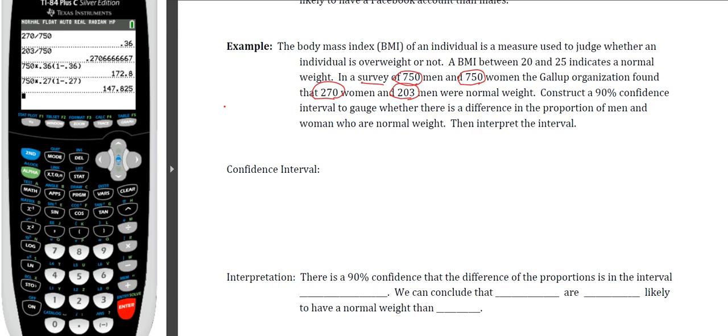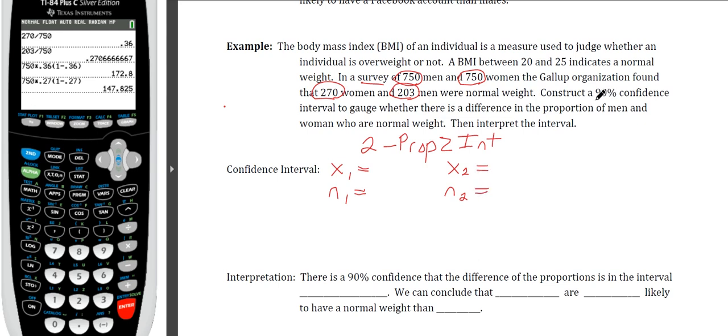For our confidence interval then, what we have is a 2-prop Z int for confidence interval. For x1 and n1, as well as x2 and n2, we have to put in our proportions. It's not really going to matter what we do for n1 and n2 because they're both 750, but it does matter for x1 and x2.